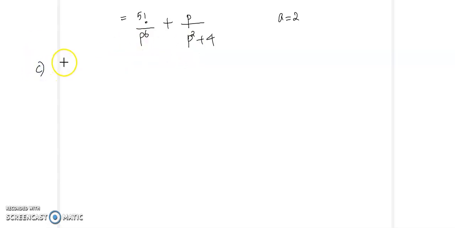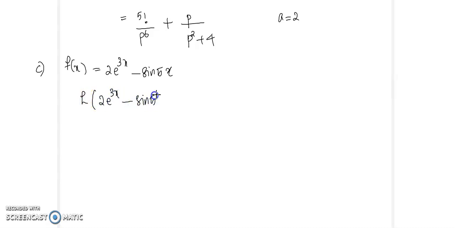Now if you have the function f of x equal to 2e raised to 3x minus sin 5x. If you want the Laplace transform of 2e raised to 3x minus sin 5x, that will be equal to 2 times the Laplace transform of e raised to 3x minus L of sin 5x.